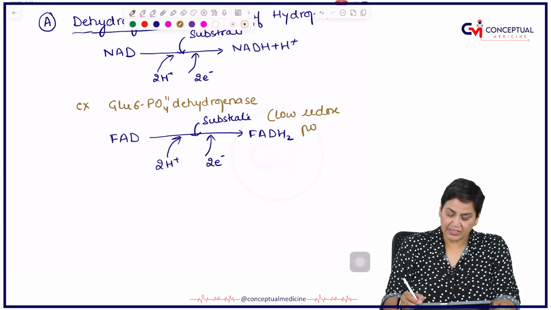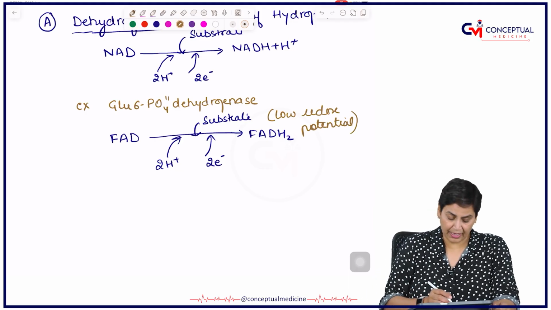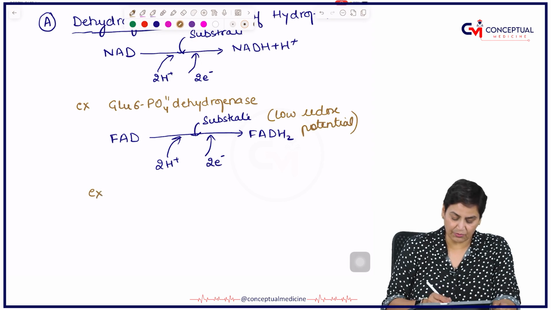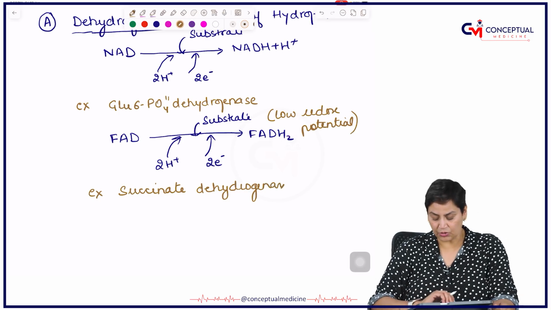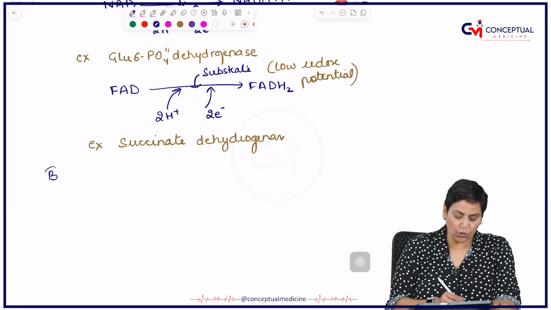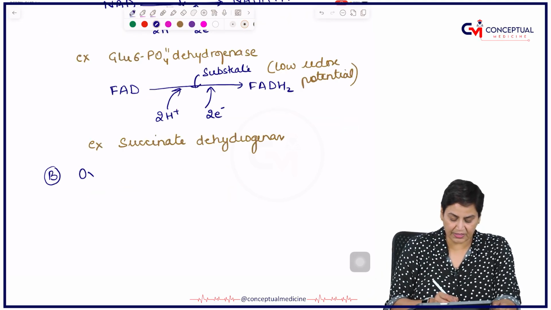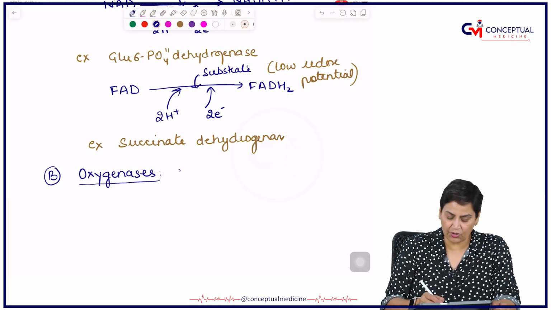And that is why always remember, one molecule of FAD always gives one molecule of ATP lesser than what NAD gives. And the most important example is succinate dehydrogenase. Right. So this is the dehydrogenases class. Then DOOP. So O stands for oxygenases. Now oxygenases, as the word suggests, is addition of oxygen.